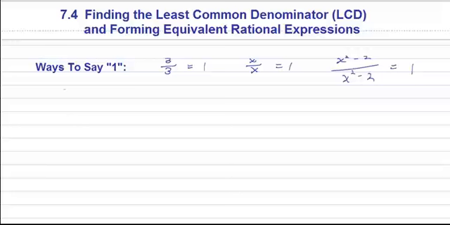Now, we know that whenever we multiply an expression by 1, the result is equivalent.